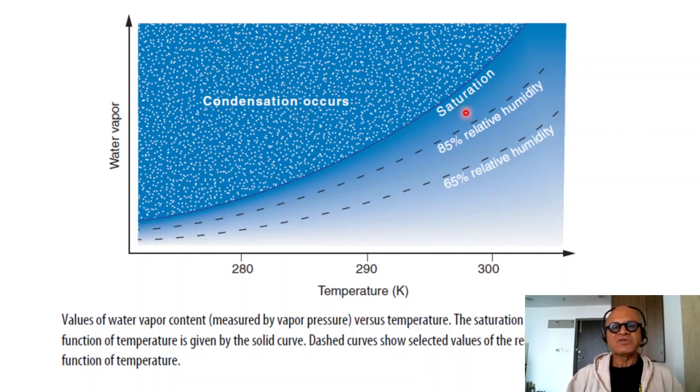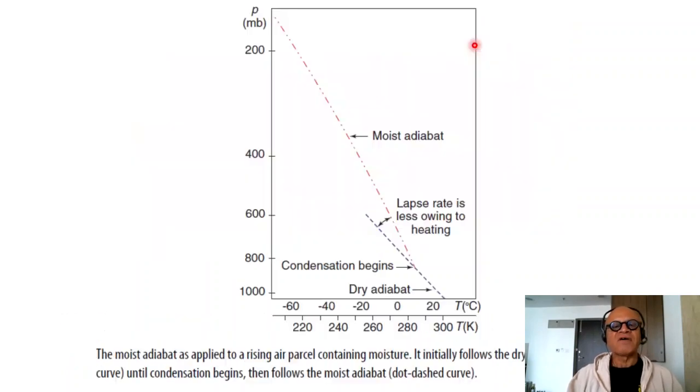But here in this range of vapor pressure and temperature, relative humidity is lower than saturation, so 85% goes here, 65% relative humidity ends up being here. So if you want to saturate, you can either cool the air parcel or you can add water vapor and get here, right? If you go beyond that, you're going to have condensation. That also tells us about the moisture dynamics.